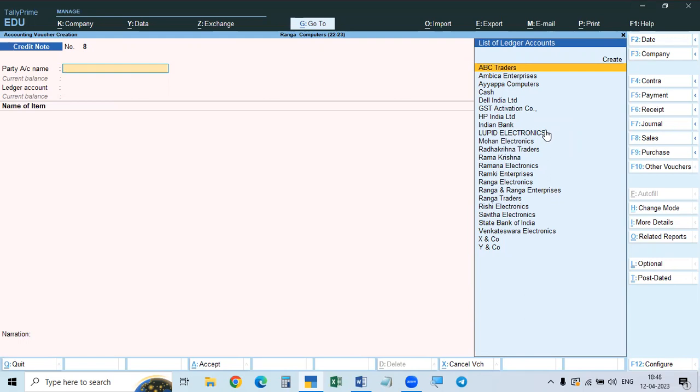For that also, in the ledger account we take purchases only, but it will show sales. We just type P, it will show purchase, select that. The reason is only correction in invoice; take the item, take the difference quantity, give the price, then the total amount, and then take the GST.